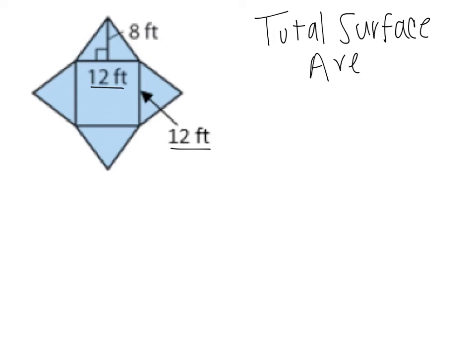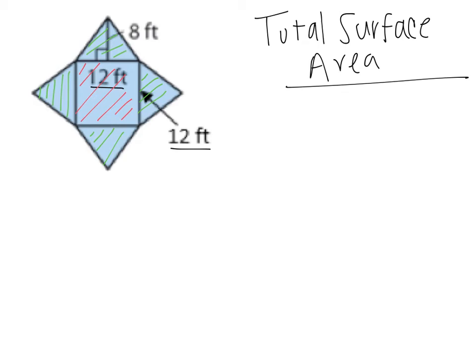What I'm wanting to figure out is just what it will take to cover this shape up. So I have my two shapes. I have my one base right here, so it's a 12 by 12. And then I have, and I'm going to change this color real quick, my triangles. They only give you the information of one of these triangles, so when that's the case, that means all of these triangles are the same.